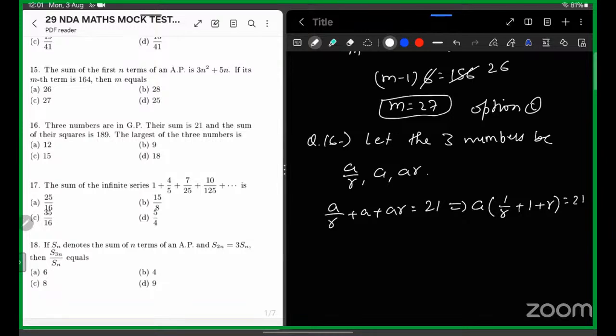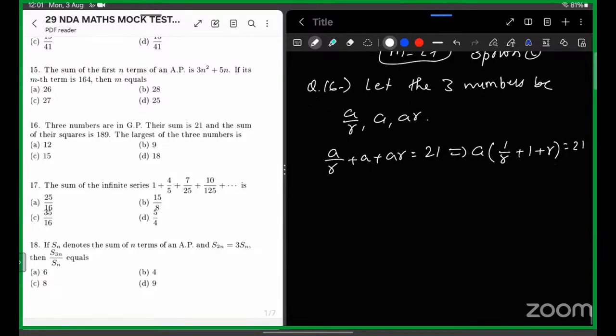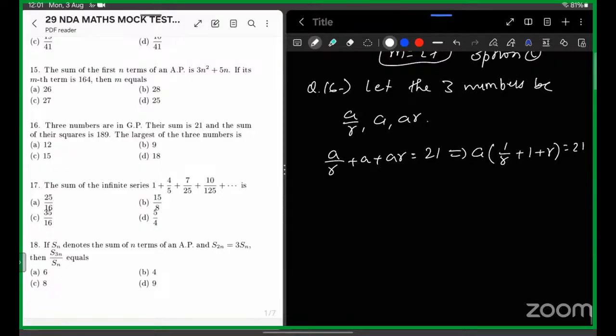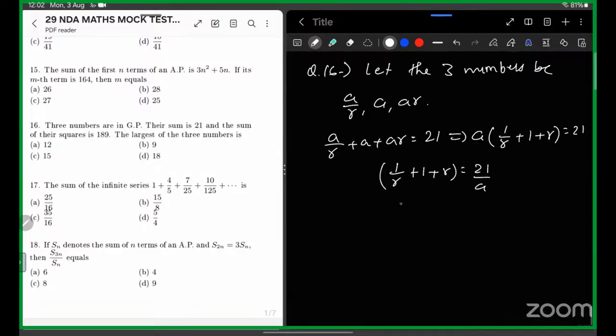Okay, this is one of the equations. From here I can write 1 by r plus 1 plus r equal to 21 upon a. So I can also write 1 by r plus r equal to 21 upon a minus 1.